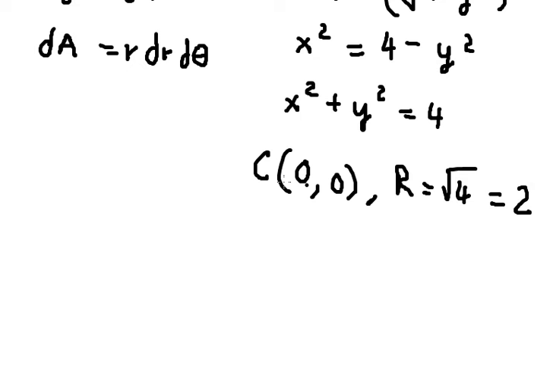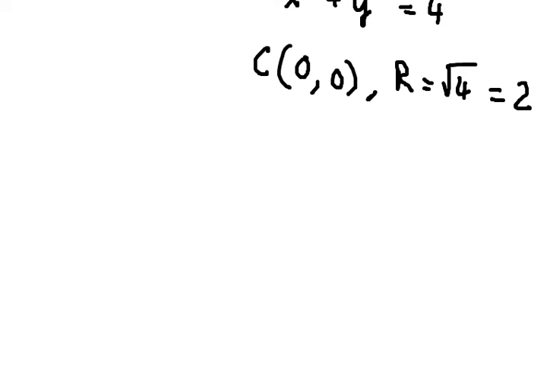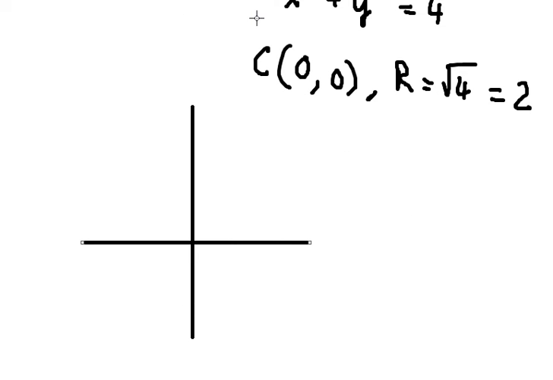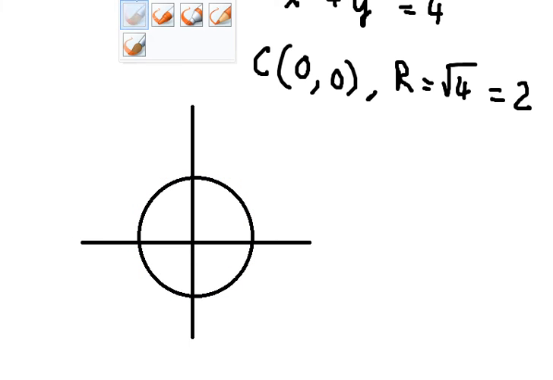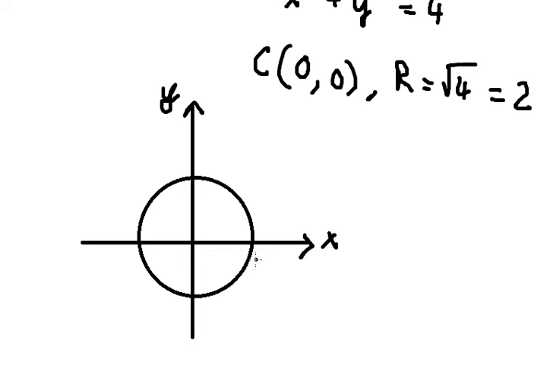Now we need to graph this one. So this is the circle in here. So we have 2, and this one negative 2.